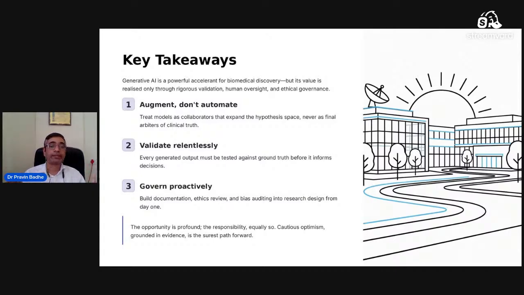That is the validation. Every generated content should be tested to make sure that the content which has been given can be utilized in the research, so that informed decisions can be taken.